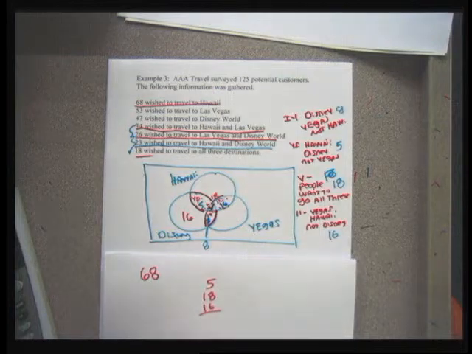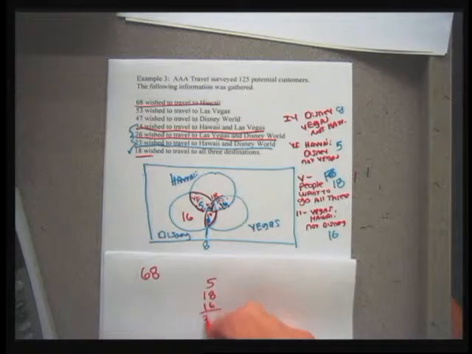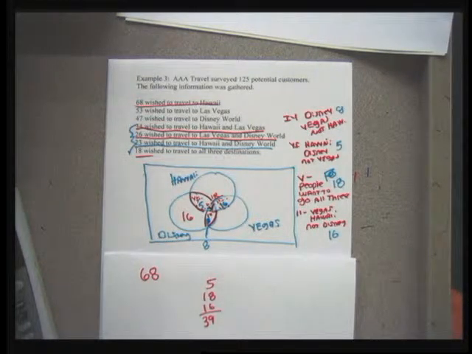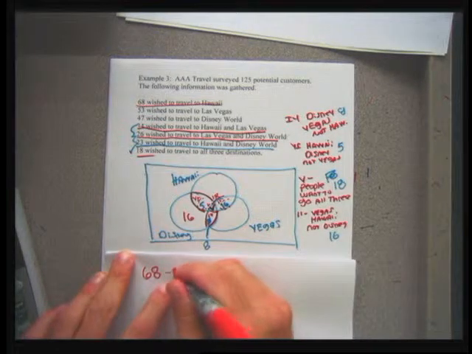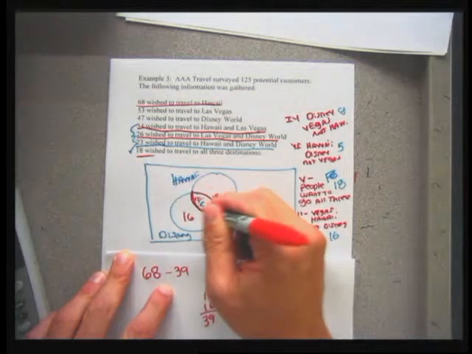If I add those up already, the 18 plus 16 plus 5, my calculator tells me that this comes up to 39 people. So of the 68 people that wanted to go to Hawaii, 39 of them wanted to go to Hawaii and 1 or 2 other places. I'm going to subtract the 68 minus the 39, which makes up the rest of the Hawaii circle.